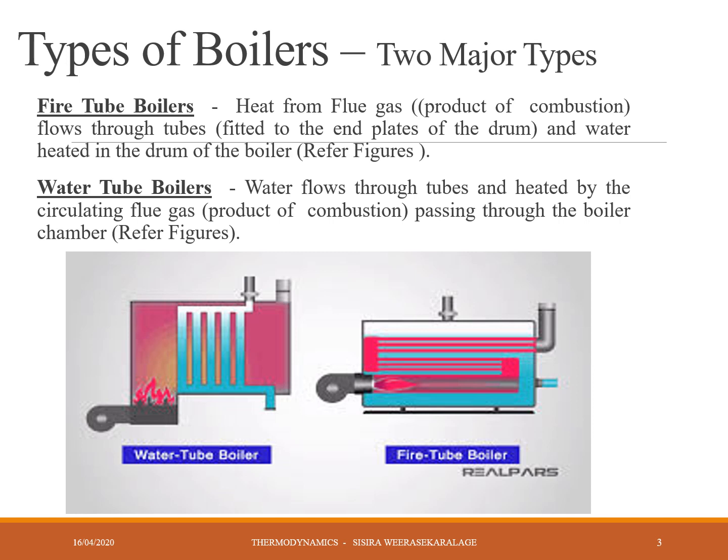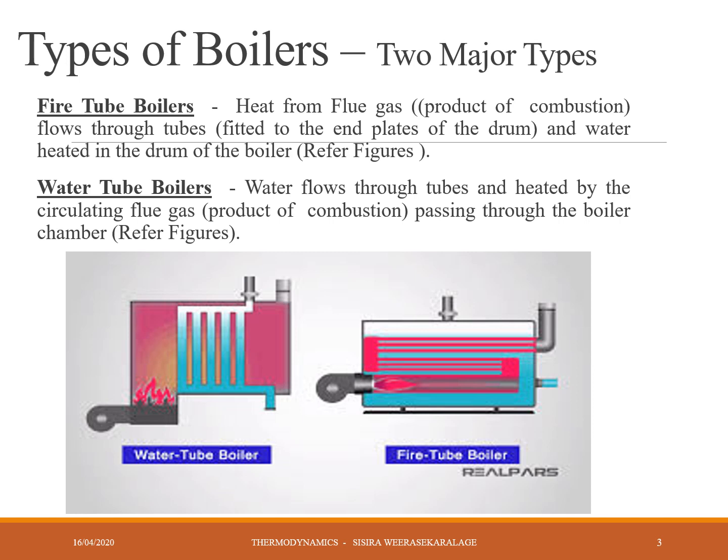But the product of combustion, the flue gas, flows through these tubes and finally leaves through a chimney. Outside the tubes you have a cylindrical drum. So that is the type of fire tube boilers.